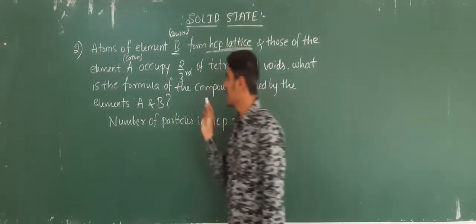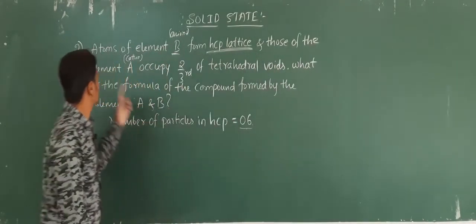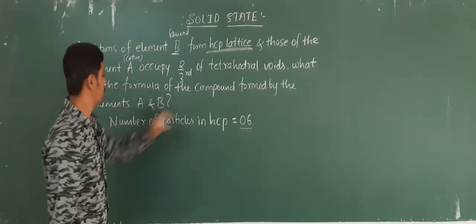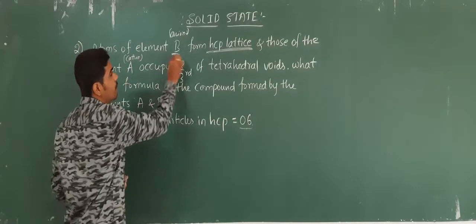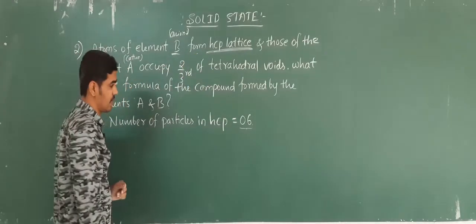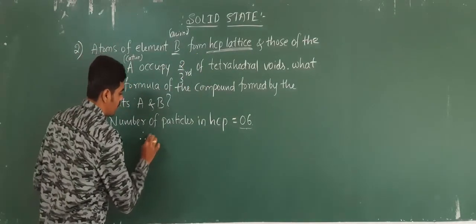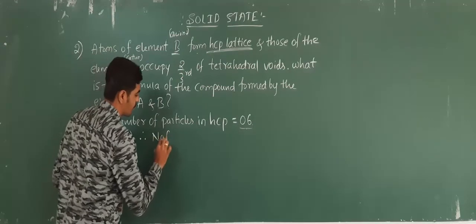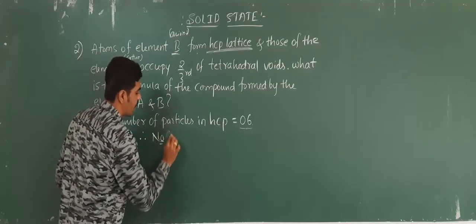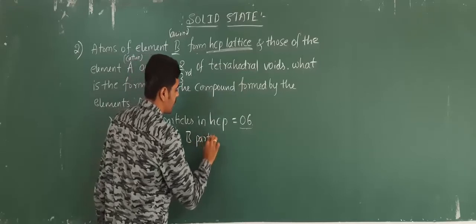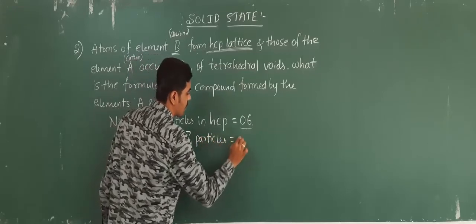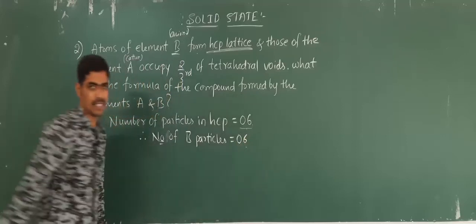Since the number of particles in HCP is 6 and B forms HCP lattice, therefore the number of B particles is also equal to 6.